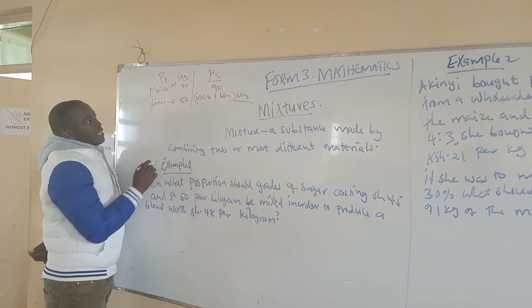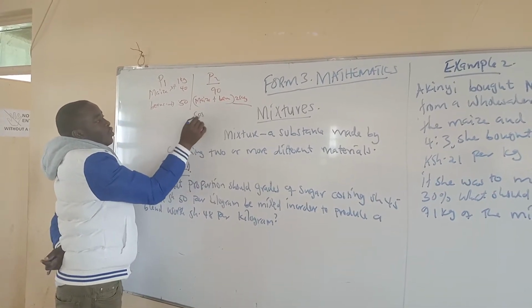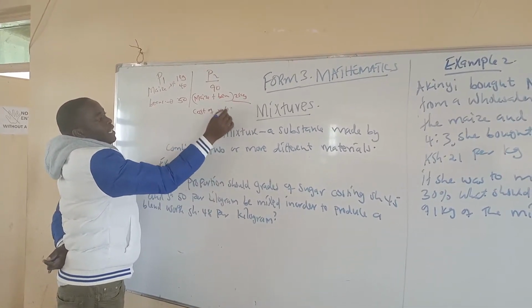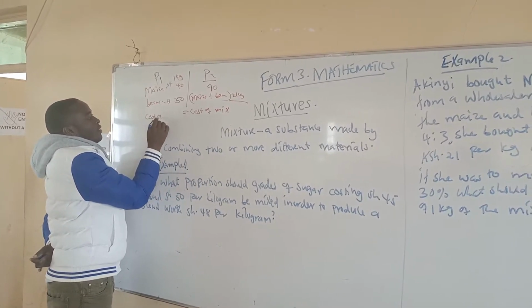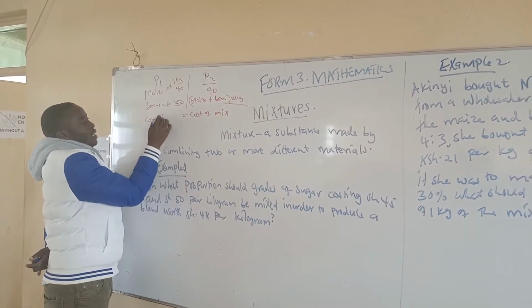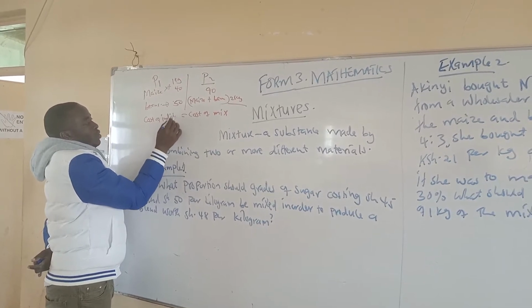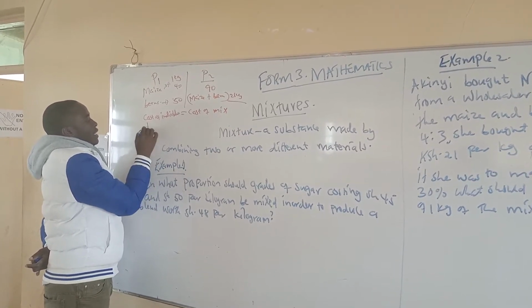So this means that the cost of the mixture equals the cost of the individuals added together.